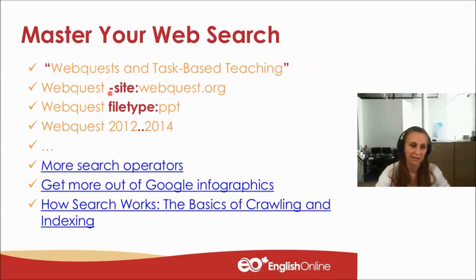If you also include site and a colon, you can exclude a particular website from your web searches. For example, if you type in this phrase into Google, your results will include various resources on Webquest, except for the resources located on this website.